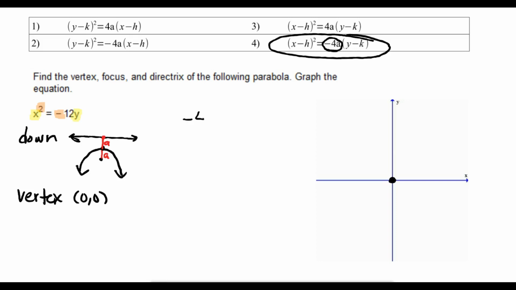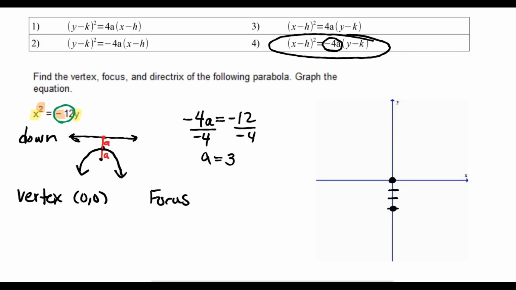So I'm going to take negative 4a and set it equal to the coefficient on this y, which is negative 12. I'll divide both sides by negative 4 and get a equals 3. So now I know that my focus will be 3 down from that vertex, down because the orientation is down.